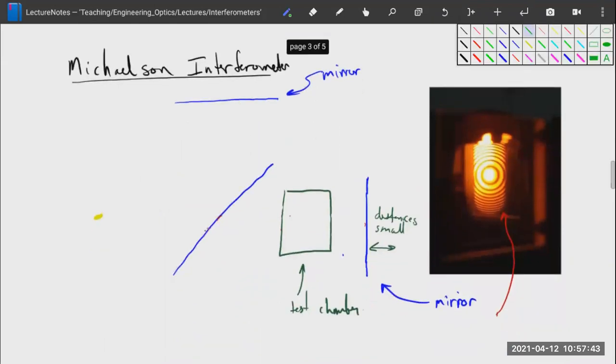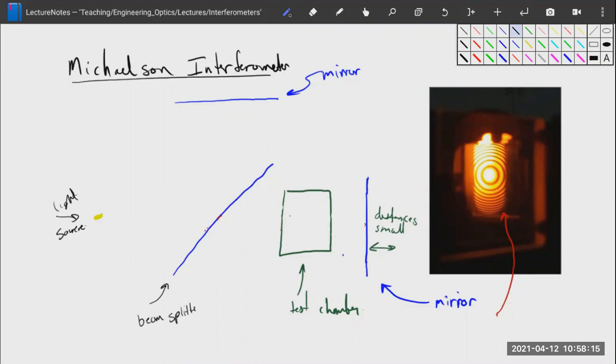A classic interferometer is called the Michelson Interferometer. Michelson was just a genius at producing experimental setups. So we have a light source, and all the interferometers we talk about now are going to behave similarly in that we're going to take a silvered mirror, we'll call the beam splitter.